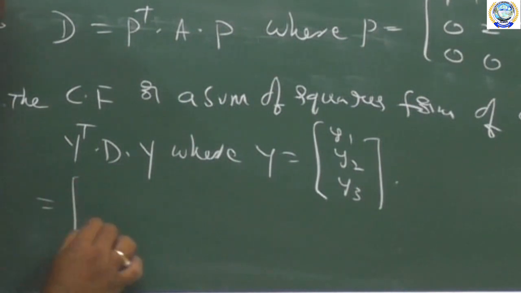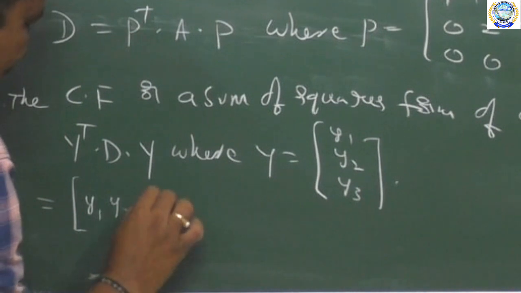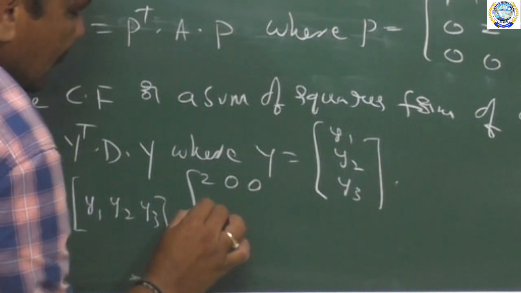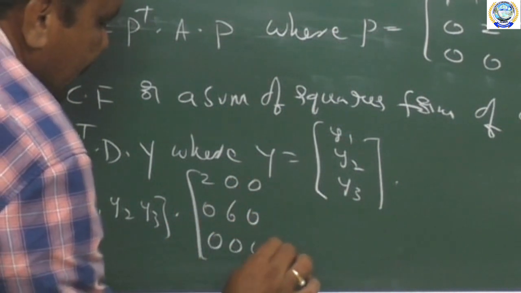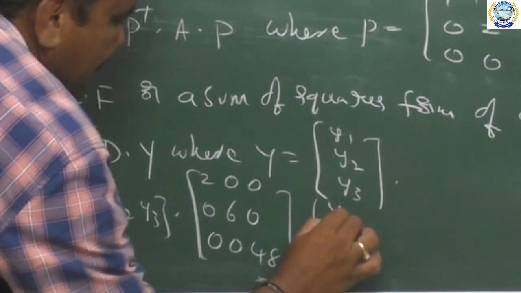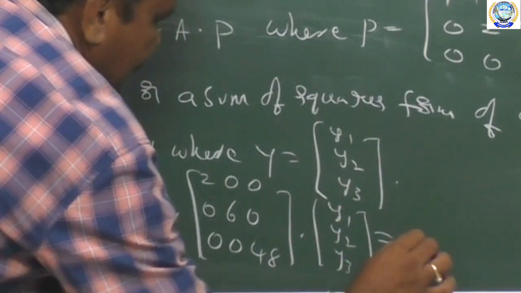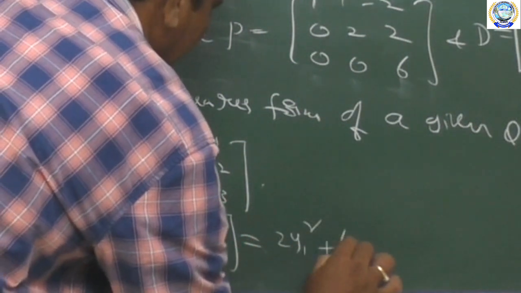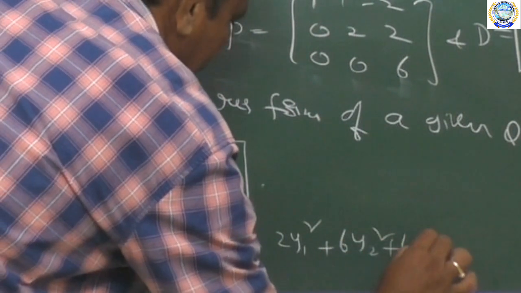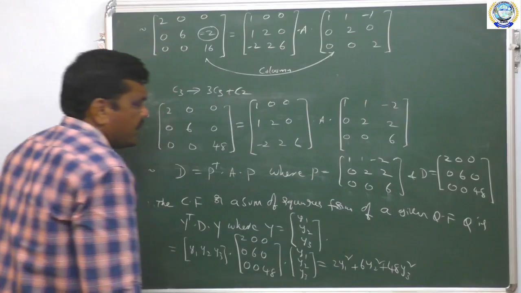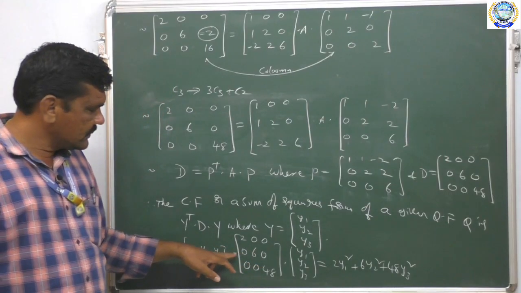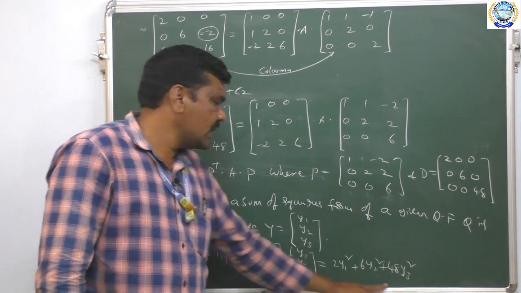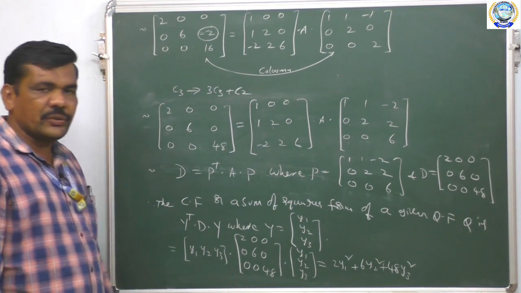That is, Y transpose is the row matrix y1, y2, y3, into the diagonal matrix D, which is 2 0 0, 0 6 0, 0 0 48, into the variable matrix y1, y2, y3. Multiplying these three matrices, we get 2y1 square plus 6y2 square plus 48y3 square. In this diagonal matrix, only diagonal elements are there. So this is the required canonical form of the given quadratic form Q.